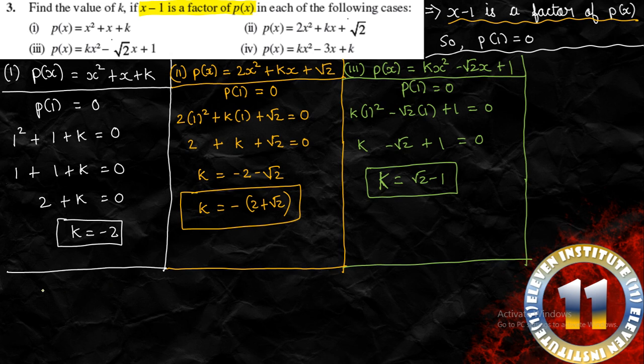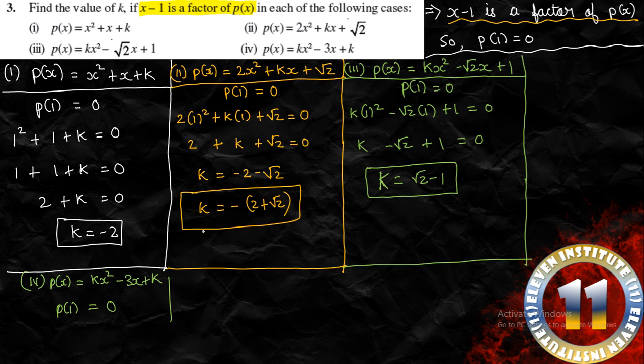Now let us solve the fourth one. So again, first of all we will write the polynomial. The polynomial given to us is kx square minus 3x plus k is equal to 0. And now we will take p of 1 is equal to 0.